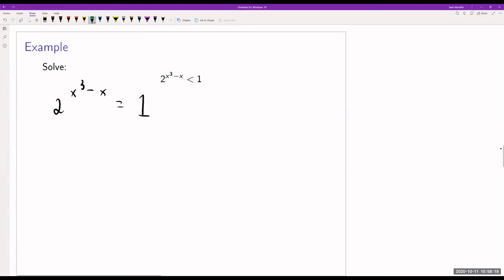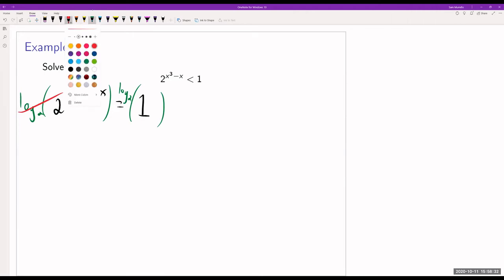Taking a log base 2 on both sides. On the left-hand side, the log base 2 simply cancels out with the 2, and we're left only with what is on the inside, x cubed minus x.